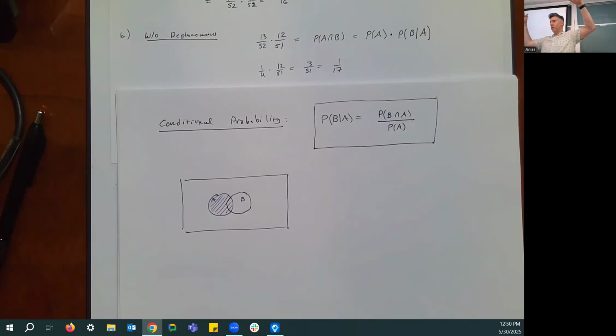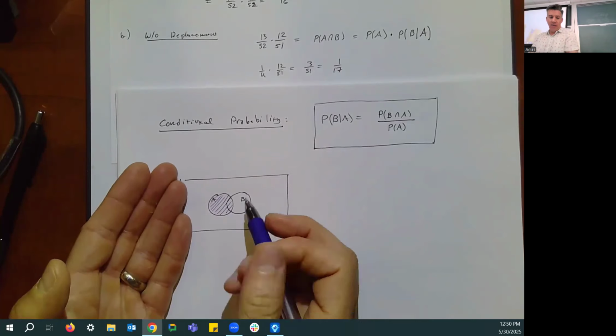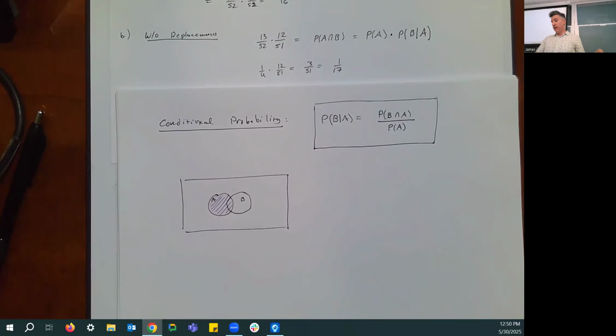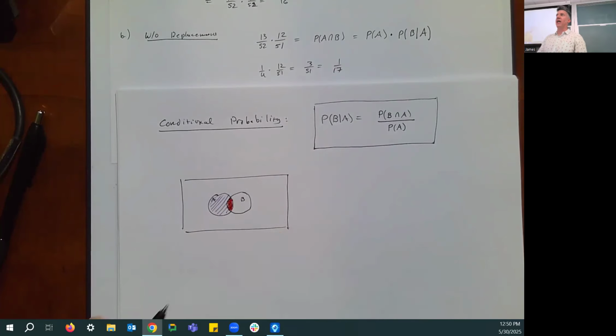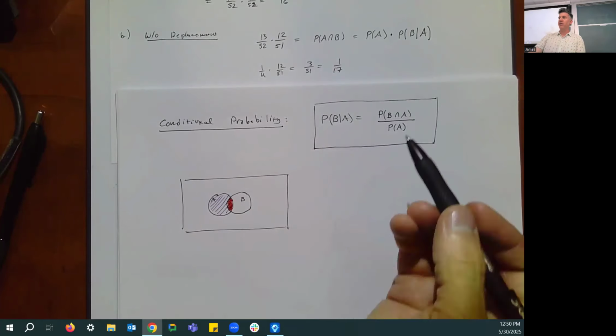As far as we're concerned in this moment, we are reduced down to just saying A's already happened. We have to be in there. And then we say, well, if we're in there, what's the probability of B happening? Well, being in here. That's where B is happening if you're already stuck being in A. But that's exactly what this formula says.